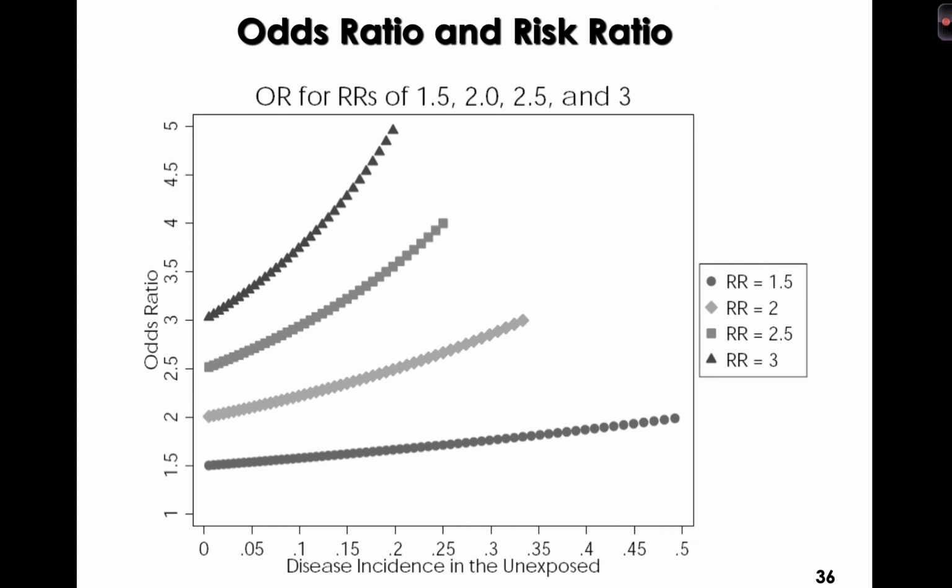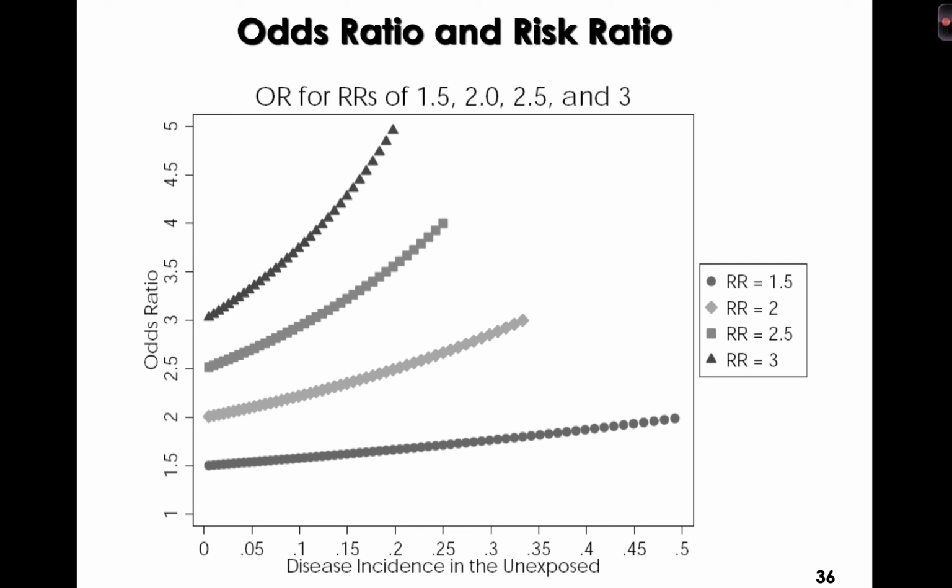And so this is a little graphic that is showing on the horizontal scale the disease incidence in the unexposed in a theoretical study population, and on the vertical scale what odds ratio we would calculate at different levels of the risk ratio.